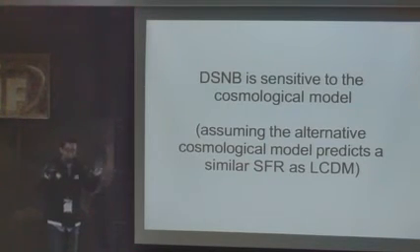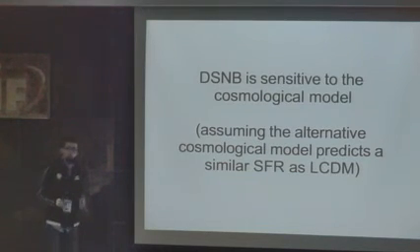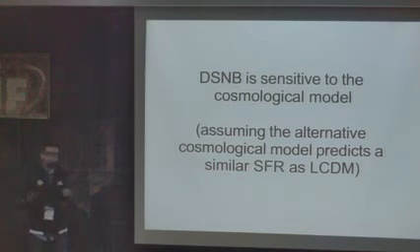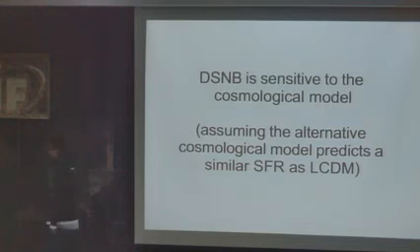Imagine that scenario, where this alternative cosmological model produces a very similar star formation rate as lambda CDM. How can you distinguish which model is the good one? Compute the diffuse supernova neutrino background and see if there is some appreciable difference in the prediction of events. That will be the dream.